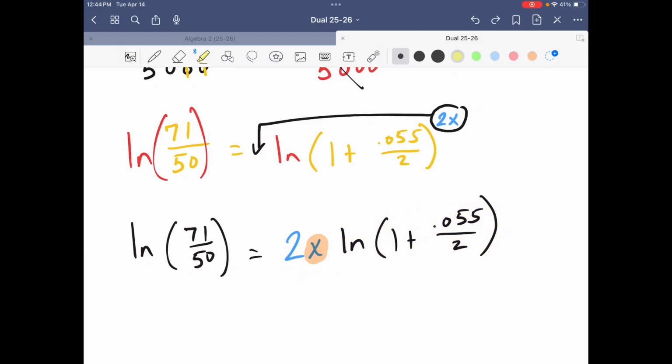Lucky for us though, what's happening between the 2 and the x? Multiplication. How do you get rid of it? Division. And what's happening between the x and the ln? Multiplication again. So I'm going to divide everything in one step, watch. I'm going to leave the x by itself, so I'm going to divide by 2 and the ln of all this junk right here.